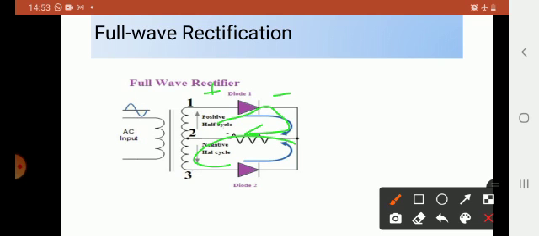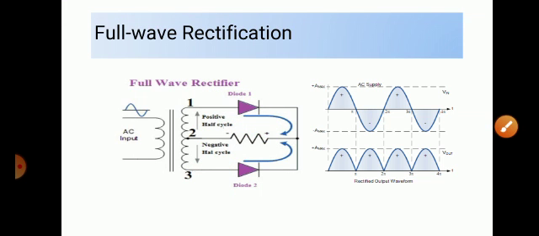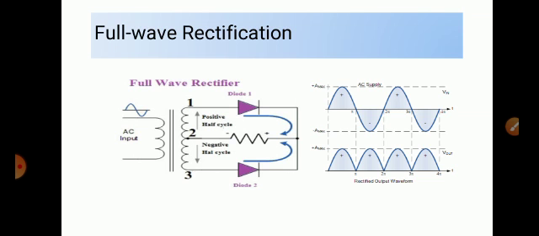When current flows in this direction, that will become positive, that will become negative, and then we will get a direct current, a full wave direct current. Clear? In this manner, this AC current has been converted into a DC current. Thank you, students.